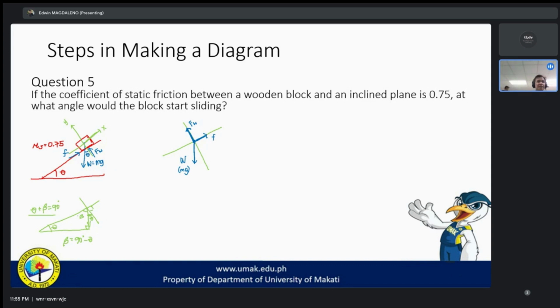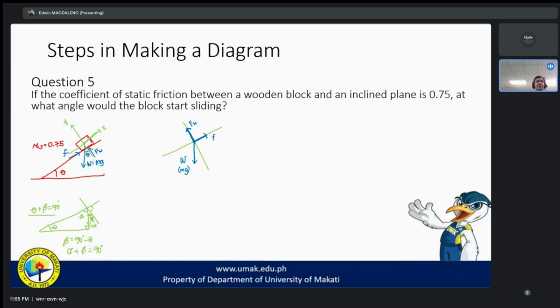Since beta is 90 minus theta, let's say we don't know this angle. Let's have this as angle alpha. So angle alpha plus angle beta should be equal to 90 degrees since they are also complementary.